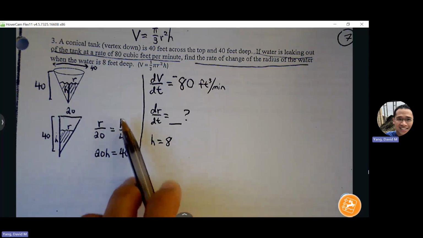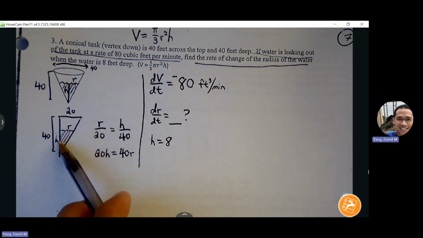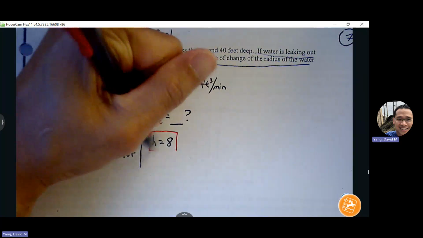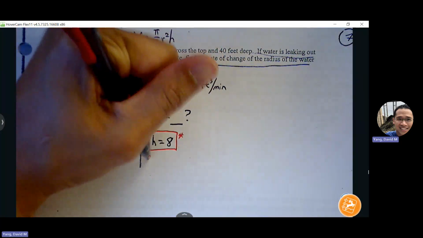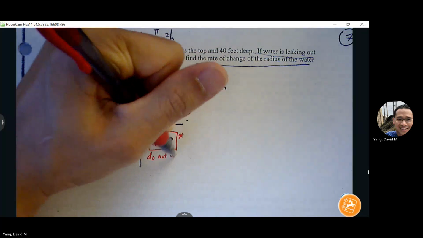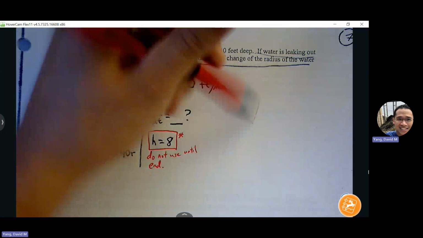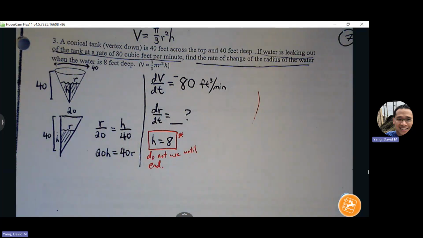If we use it too early, then we're telling the problem that this height is never changing, which is not true. So we are going to use this, but not at the beginning. We're going to not use it until the end. It is going to be useful, but not until we've established a moment in time. But right now, we're still in the variable stage.